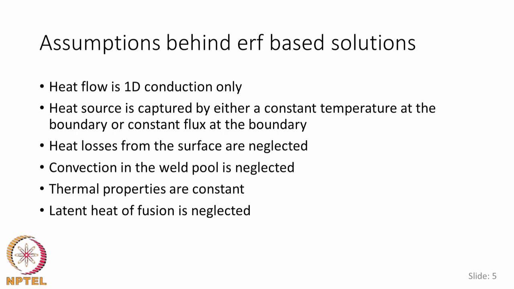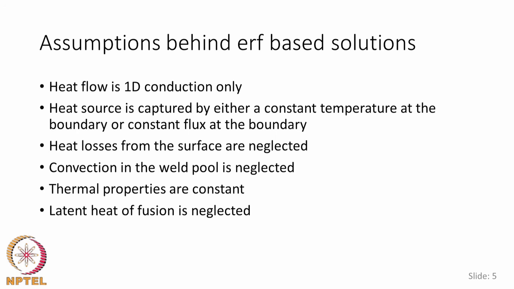The heat source is basically either a constant temperature or a constant heat flux at the boundary, which is also the situation when you are doing a hardening process or heat treatment process using welding kind of a geometry. The heat losses from the surface of the material are ignored, and also to note that the heat loss through conduction by other geometries, for example, in 2D or 3D geometry, is not considered.